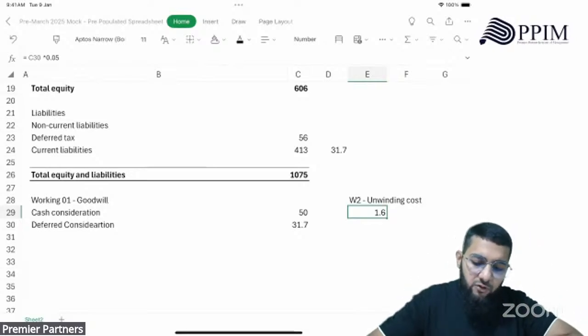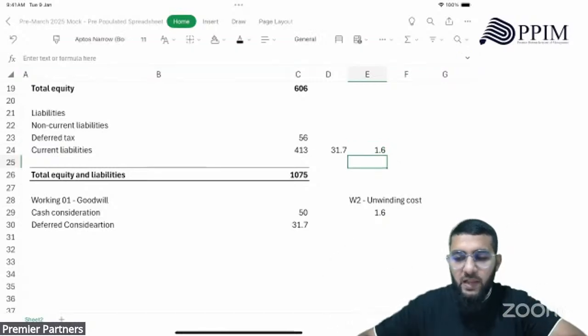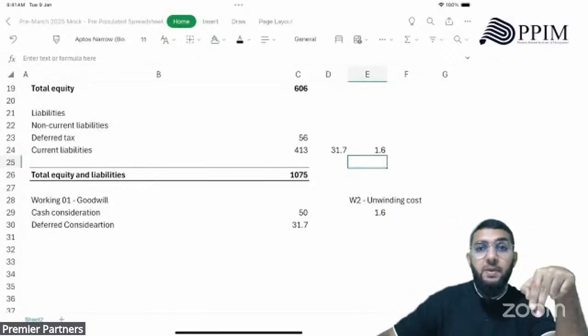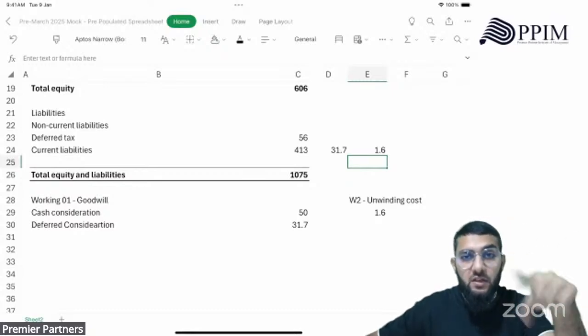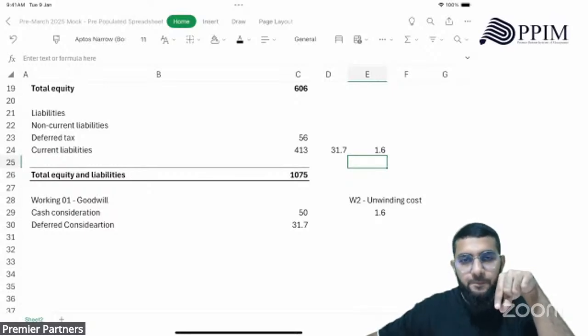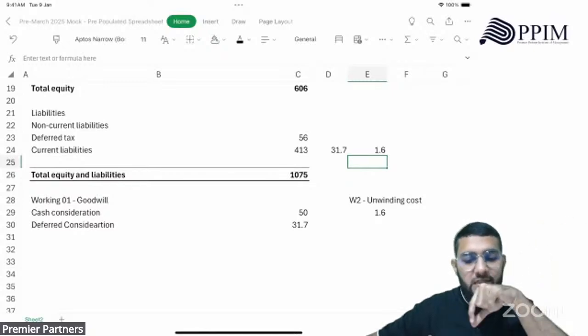Now how are we going to do the adjustment? We know that unwinding cost is going to increase our liability. So we do the 1.6 increasing the liability. How is it going to impact our consolidated statement of profit or loss? It is going to reduce the profit, meaning it's an expense. Expense reduces the profit, and reducing the profit means retained earnings reduces. But the retained earnings component is for parent, and the component for NCI will be recorded under NCI.